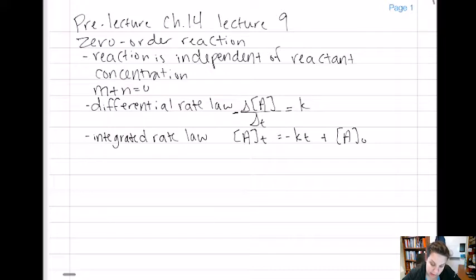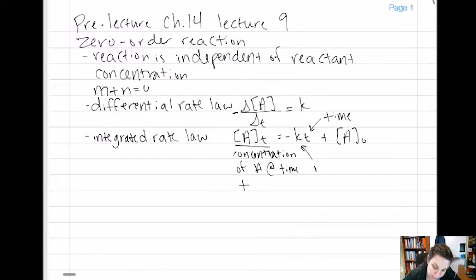So A_t is the concentration of A at time t. t is our time. k is our rate constant. And A naught, or A0, is our initial A concentration.